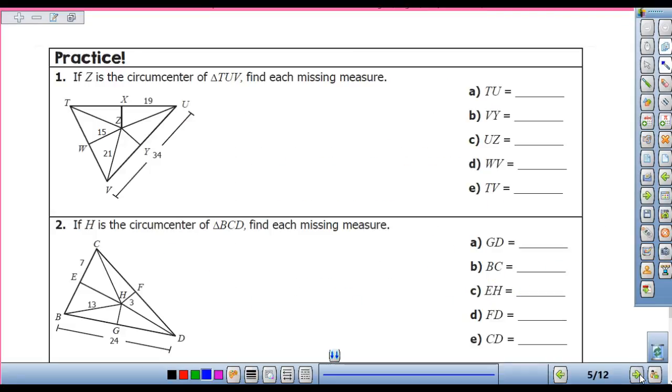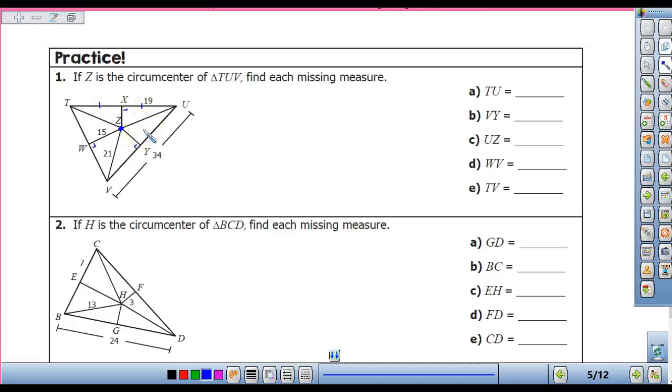All right, so if we look at number one, it says Z is the circumcenter of TUV. So Z is my circumcenter, right? Remember, all these little segments are perpendicular bisectors. Perpendicular meaning that they all form right angles. Bisector meaning they cut each segment in half.